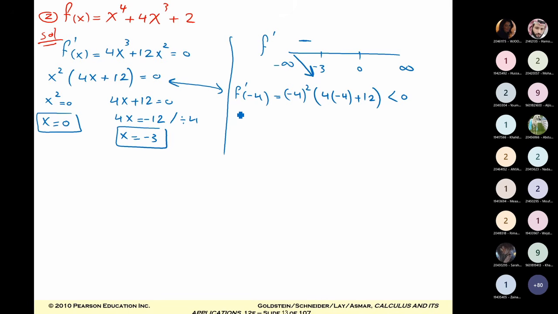Direction down. Substitute f prime of negative 1: negative 1 squared and 4 multiply negative 1 plus 12.